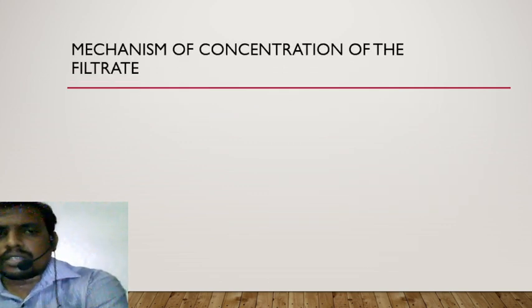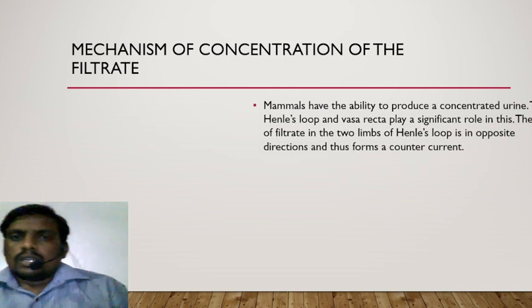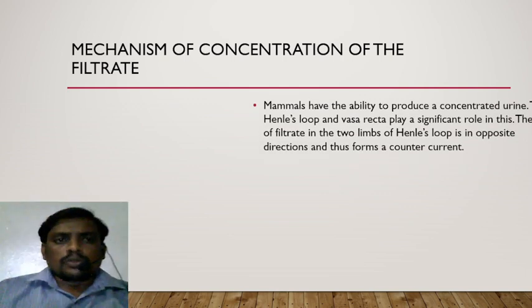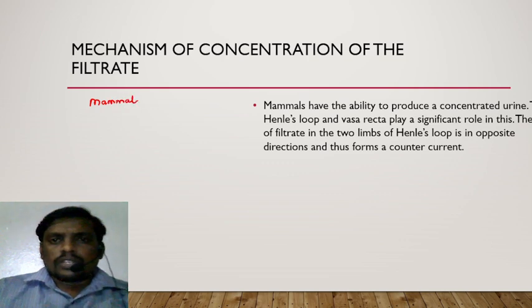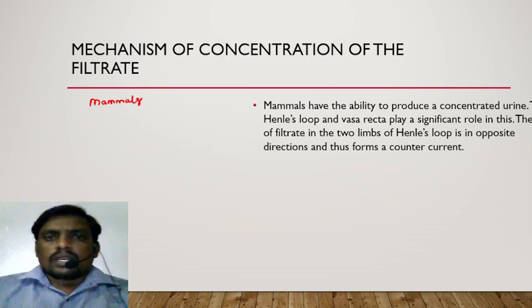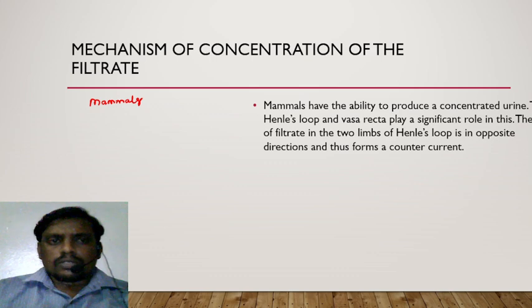And after this, the mechanism of concentration of the filtrate. Mammals have the ability to produce concentrated urine. How is it possible? The Henle's loop. You know Henle's loop has two limbs. What is that?